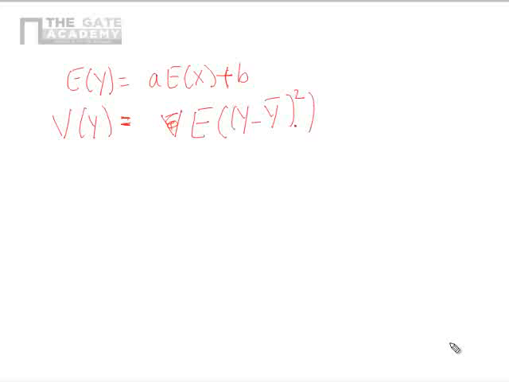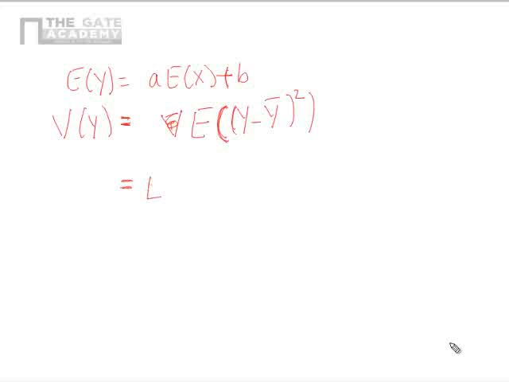Correct? Mean square deviation. Correct? V of x is nothing but E of x minus x bar the whole square. So V of y will be E of y minus y bar the whole square. Correct? Now you see how it is going to play out.